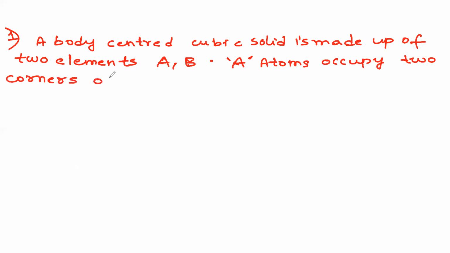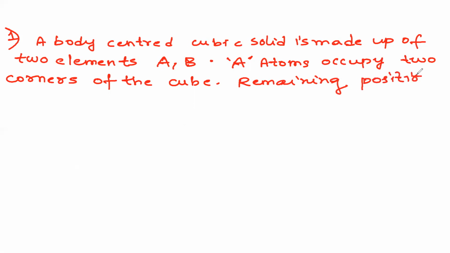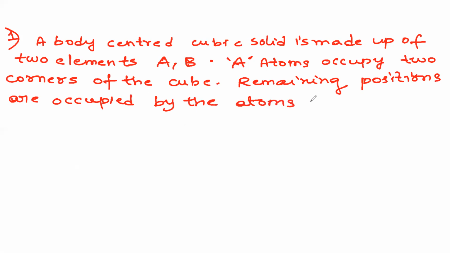See, they are giving only 2 corners of the cube. And the remaining positions are occupied by the atoms of B. What is the formula of the compound?